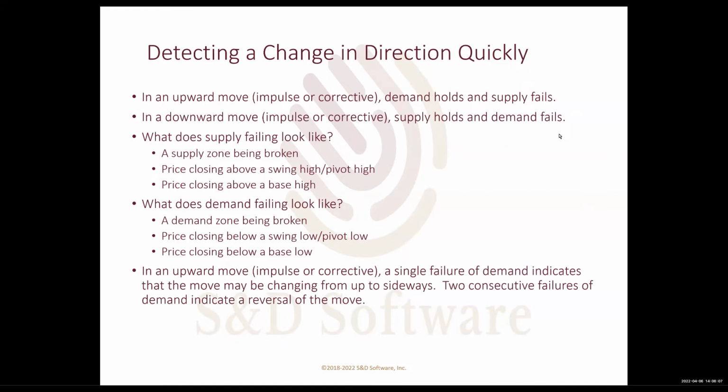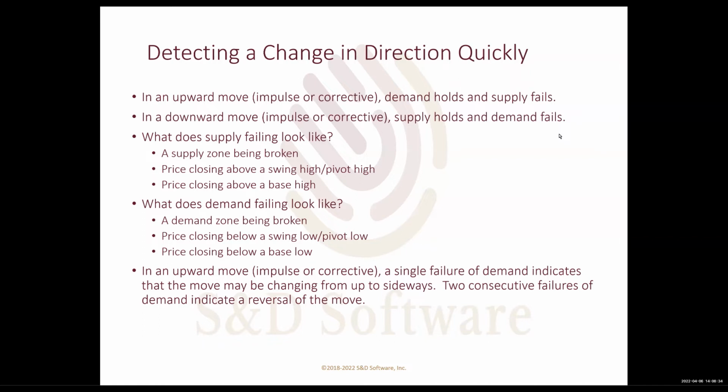Now, generally speaking, in an upward move, regardless of whether it's an impulse or corrective move, a single failure of demand indicates that the move may be changing from up to sideways. We require 2 consecutive failures of demand to indicate a reversal taking place.